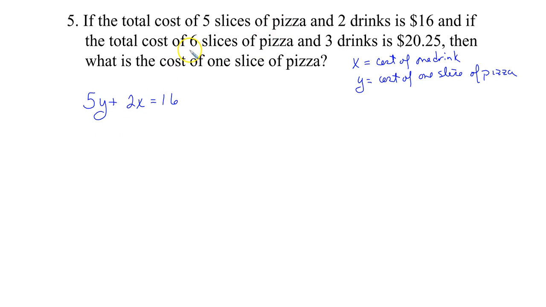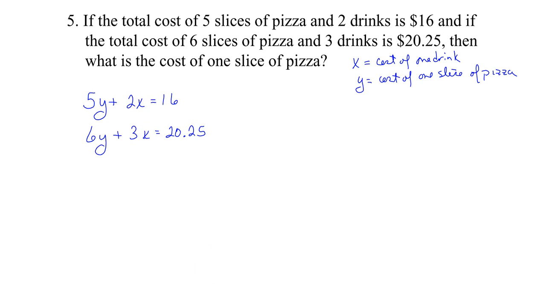So the second statement is 6 slices of pizza plus 3 drinks is $20.25. Now, for this particular problem, I really want to solve for y. So what I want to do is I want to get rid of the x's.